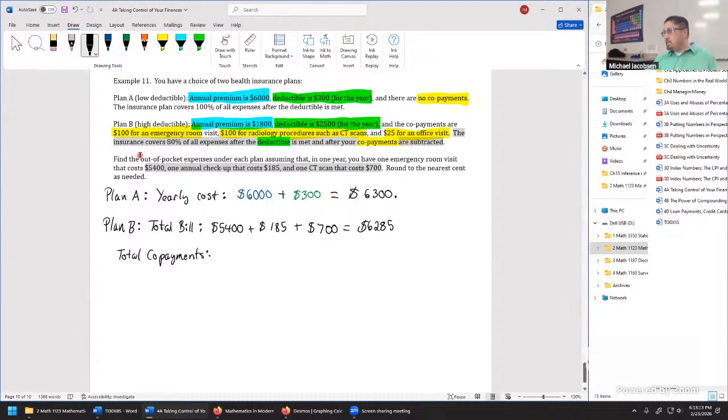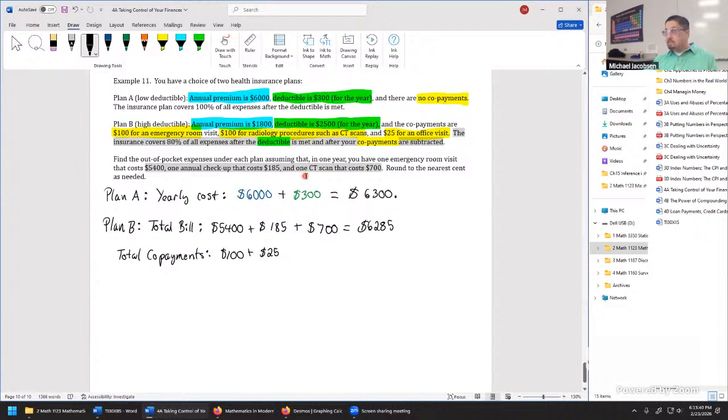Let's see, double checking the plan. There's lots going on here. There's an emergency room visit, and it costs $100 for each visit. So thankfully there's just one. So take $100 there. Next, there's an annual checkup, and all the way over here, it says $25 for an office visit. That seems to fit with the annual checkup. So add $25 there.